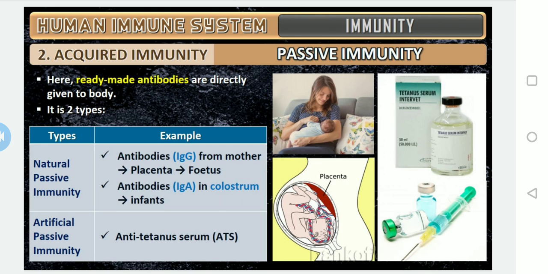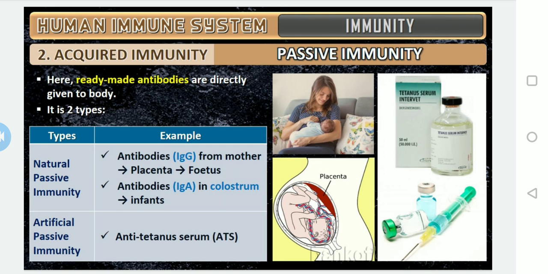As I said, in passive immunization, the antibodies produced in some other vertebrates like horse or cow in response to specific antigens are isolated and injected into the human body when required. This is called inoculation.